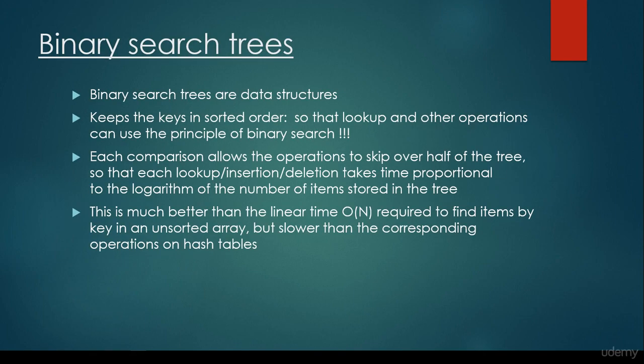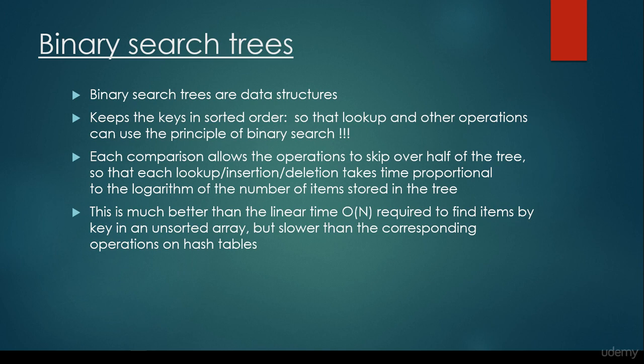So, just to summarize again, binary search trees are data structures, so we are able to store data in a binary search tree. And it keeps the keys in sorted order so that lookup and other operations can use the principle of binary search. Each comparison allows the operations to skip over half of the tree so that each lookup or insertion or deletion takes time proportional to the logarithm of the number of items stored in the tree.